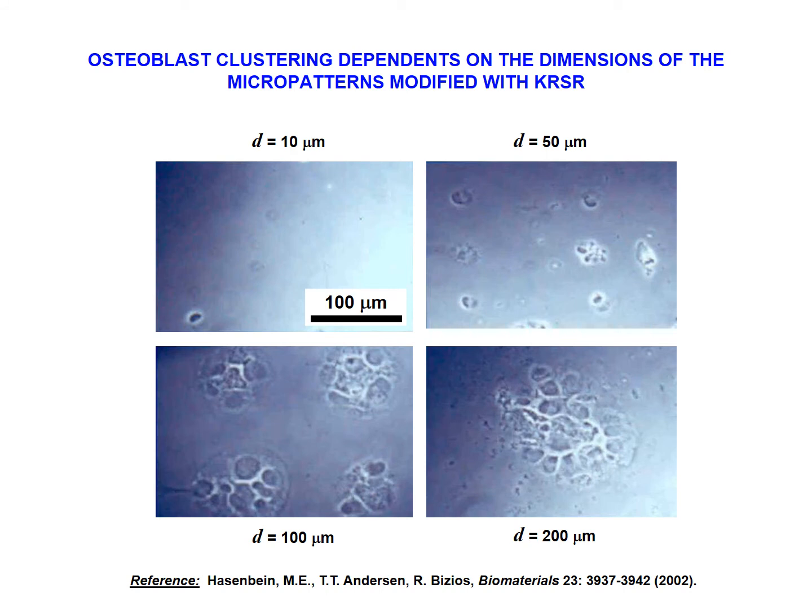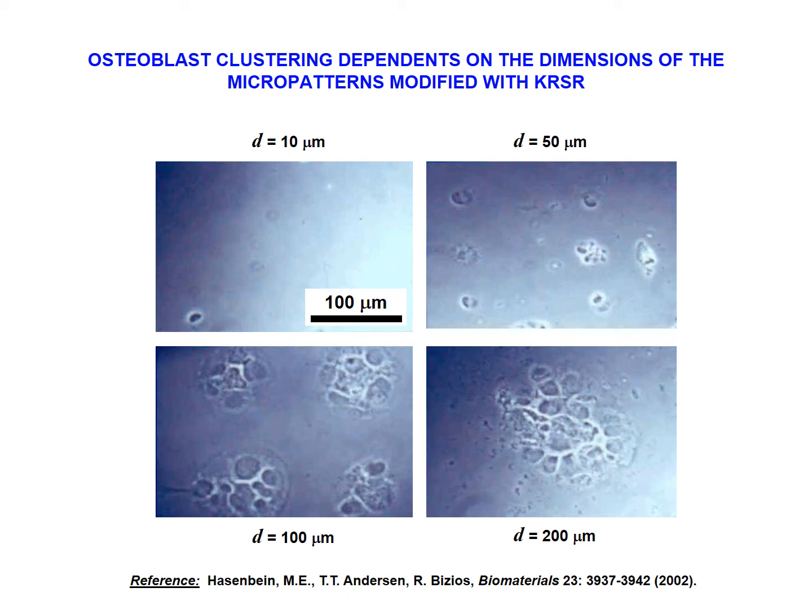Some interesting results obtained from these studies are shown on the 4 frames of this slide. Looking at the top slide on the left column, we notice that when the diameters of the patterns, the circles which were modified with the adhesive peptide, were 10 micrometers, the smallest dimension checked in the study, very few cells adhered on the modified substrate.